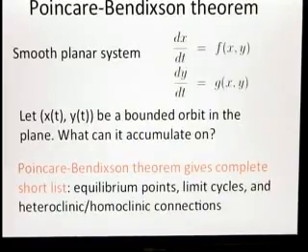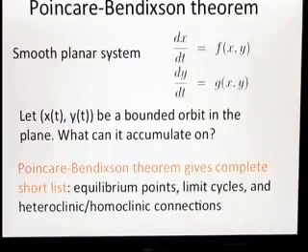Okay, so Poincare-Bendixson, it's a theorem about systems in the plane, so it's strictly two-dimensional. And I'm not stating it precisely, or more or less precisely, but I'm trying to give you the intuition if you don't know it.